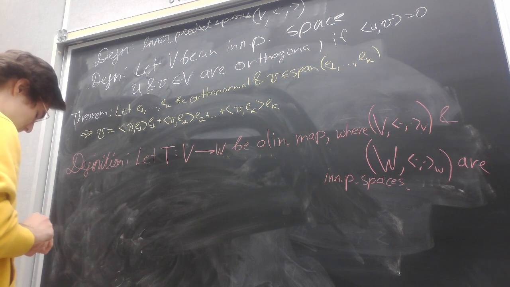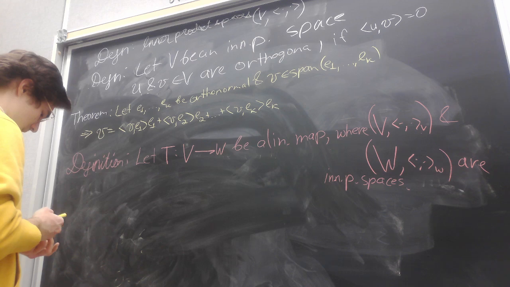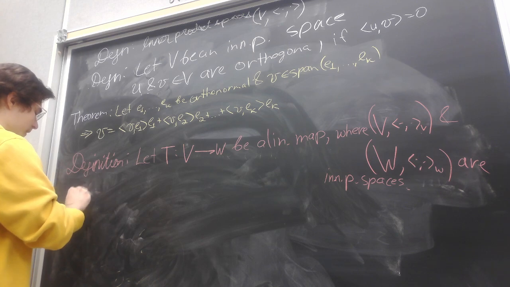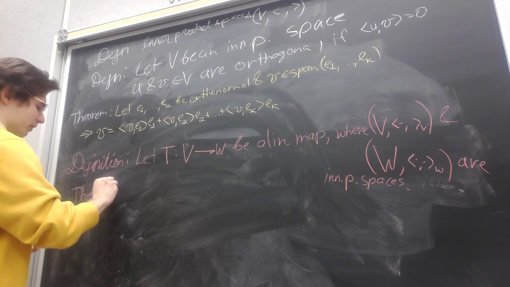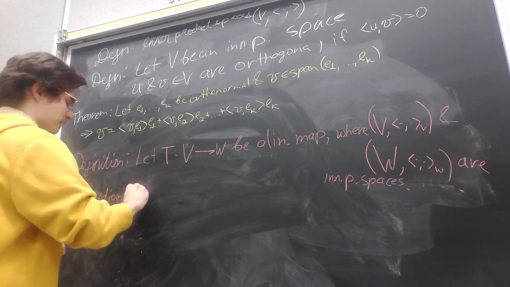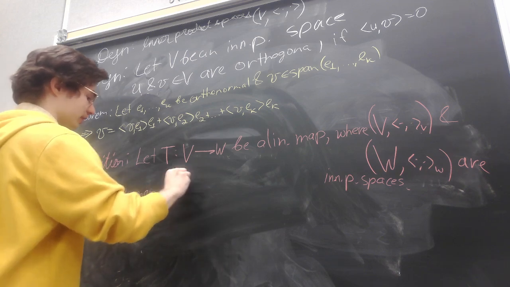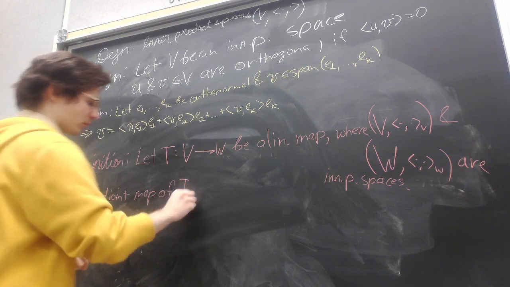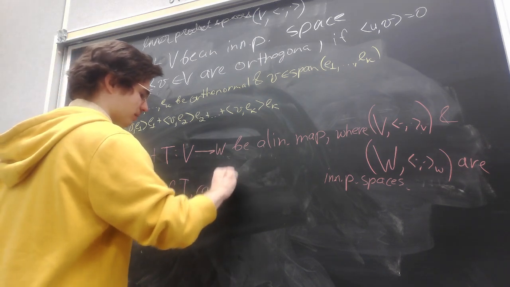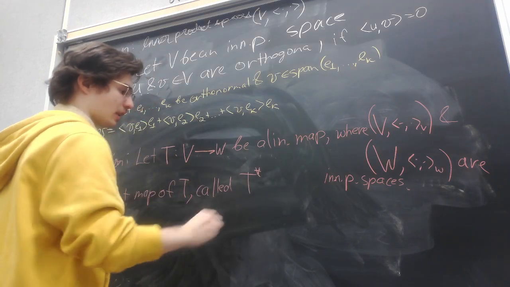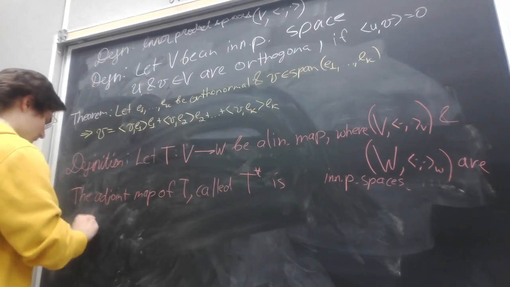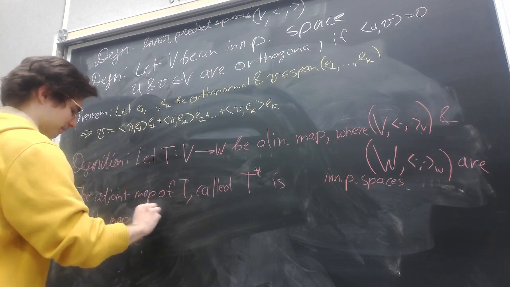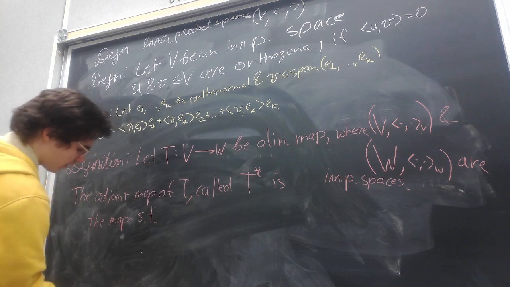So then the definition is the adjoint map of T, called T star, is the map such that the following condition holds.